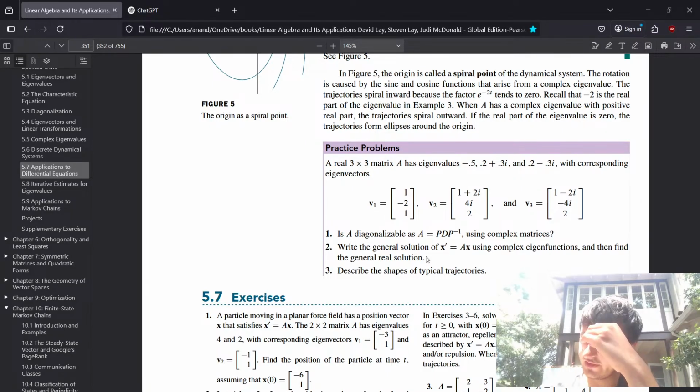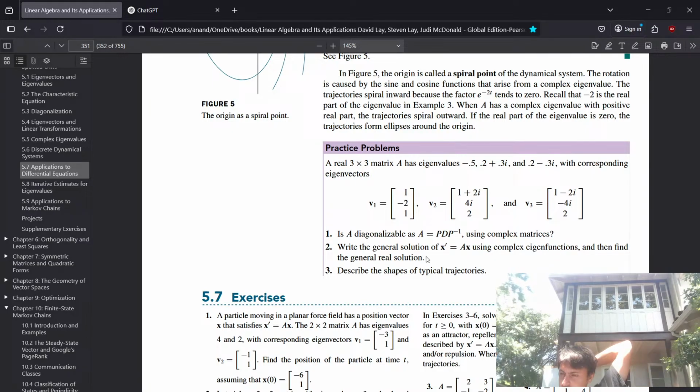Okay, so then what we're going to get is the sum of ci e to the lambda i t v i. So this is going to be the solution, y of t is equal to. So then we just have to do that. But we already have all the eigenvalues and eigenvectors, so this is actually easy.